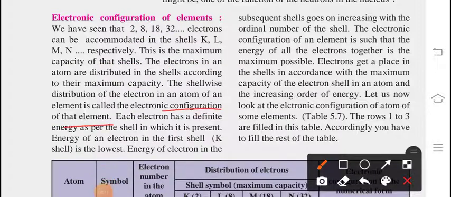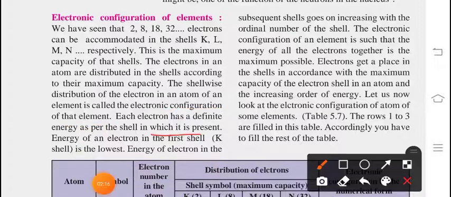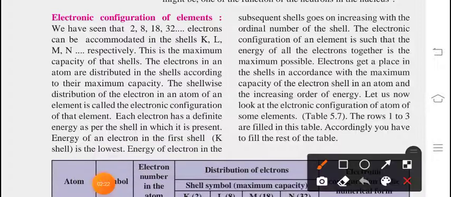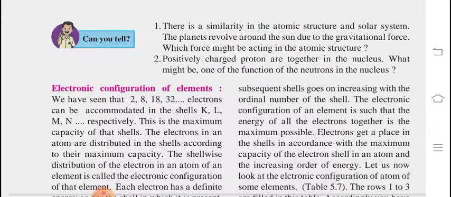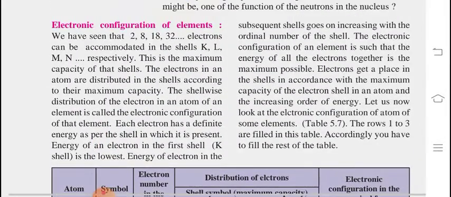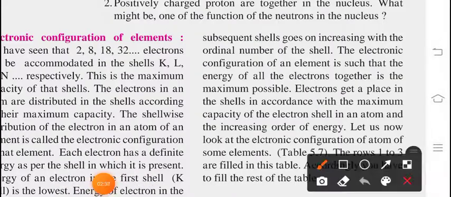Each electron has a definite energy as per the shell in which it is present. The energy of an electron in the first shell, which is K, is the lowest. The energy of the electron in subsequent shells goes on increasing with the ordinal number of the shell.